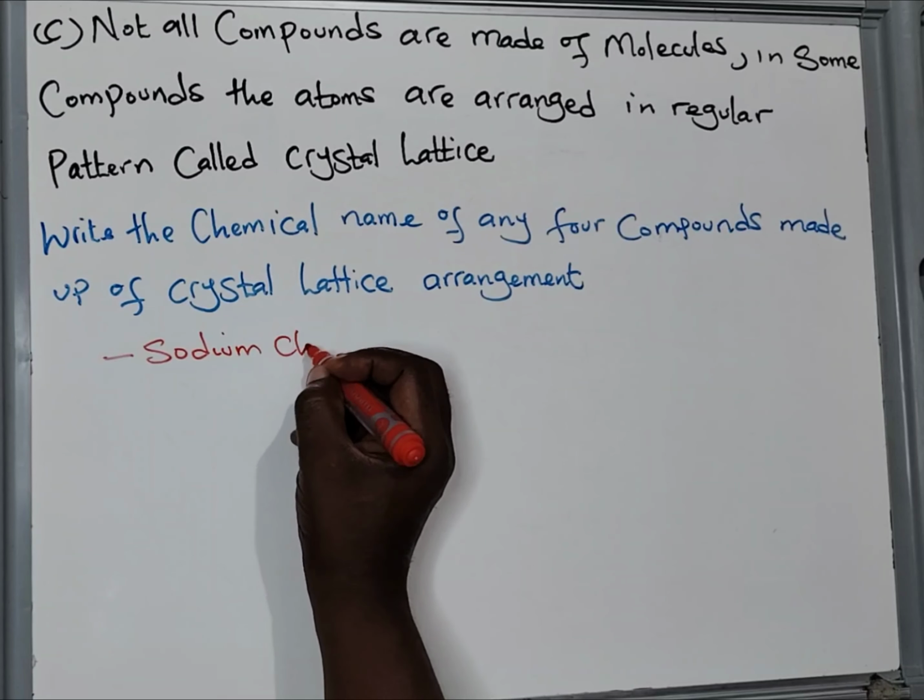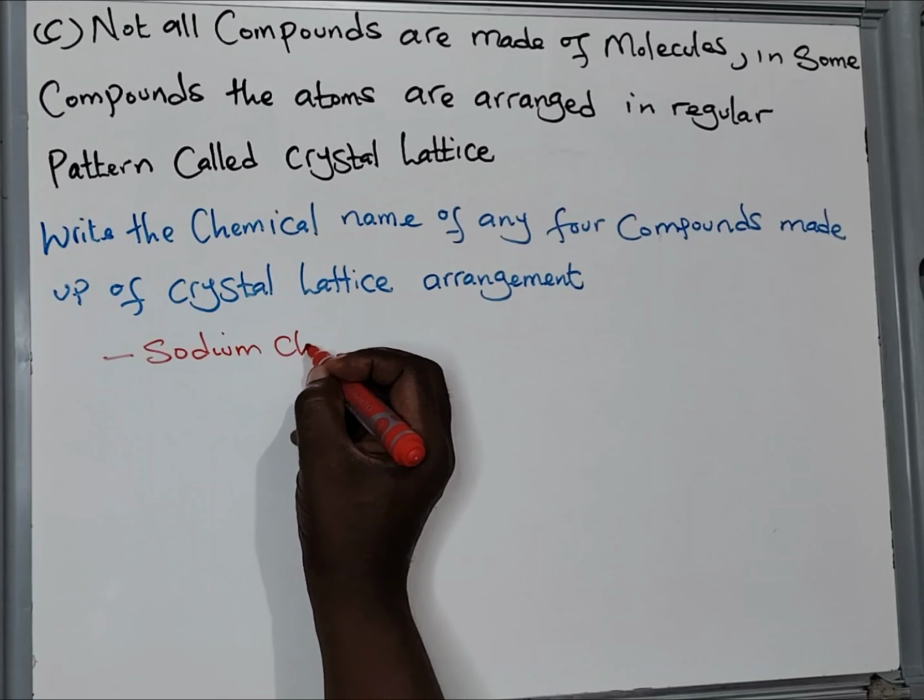We will know how you can tell as we progress, but the best way is to look at the metal compounds. Most of the metal compounds do not exist in the form of molecules. And most of the non-metal compounds exist in the form of molecules.